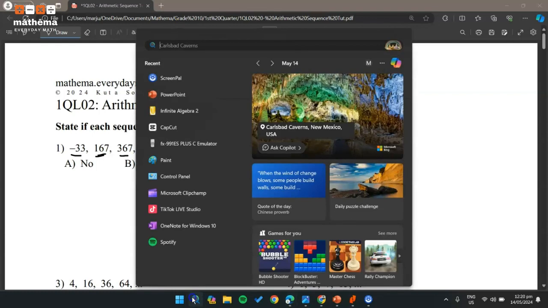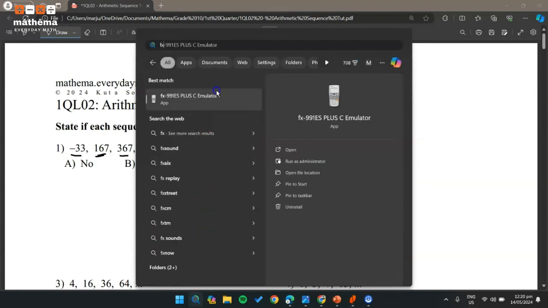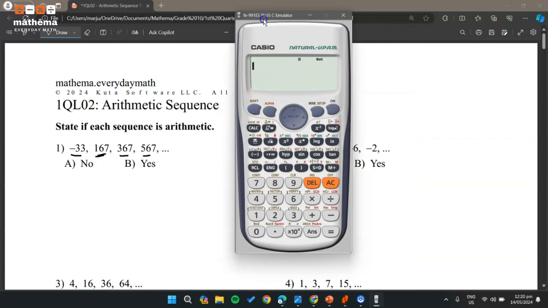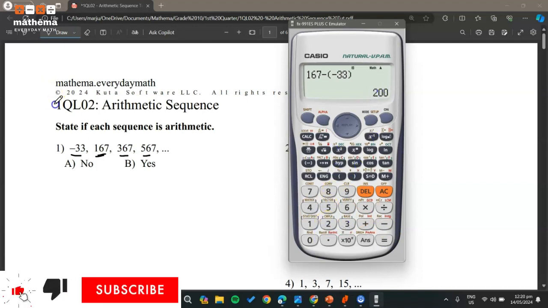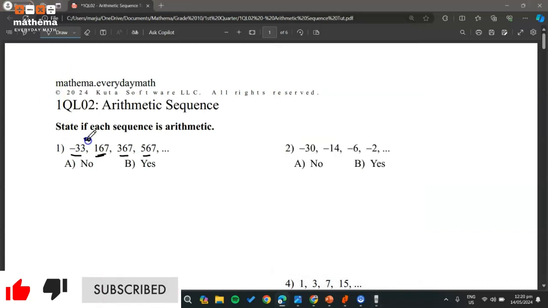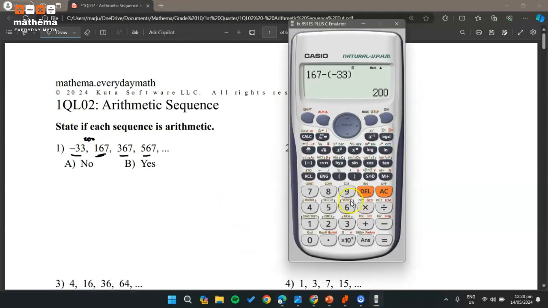Let me just grab my calculator. So we are going to do 167 minus the negative of 33. That gives us 200. Then 367 minus 167 gives us again 200.